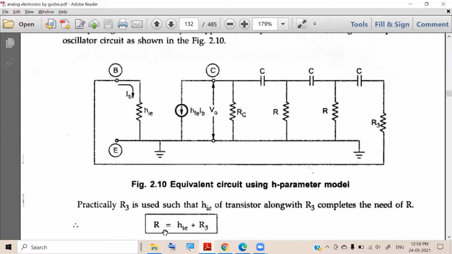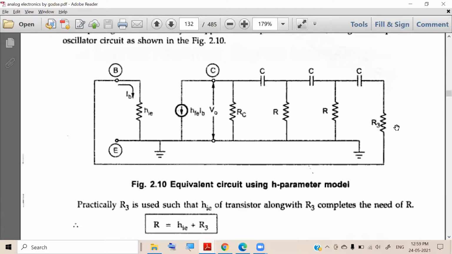So actually it should be CR, CR, CR, but in place of taking R, we are taking R3, because practically there is an additional resistance HIE. So R3 plus HIE should give R, and then it will become CR, CR, CR. Suppose in place of R3 we take R, then it will become R plus HIE.